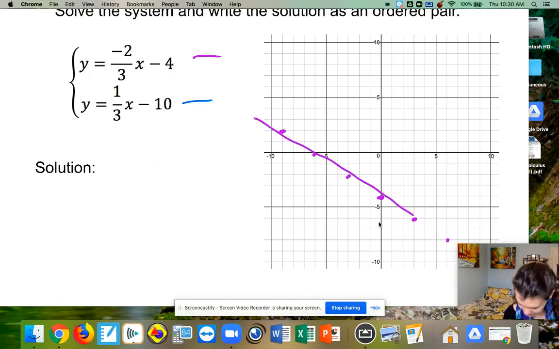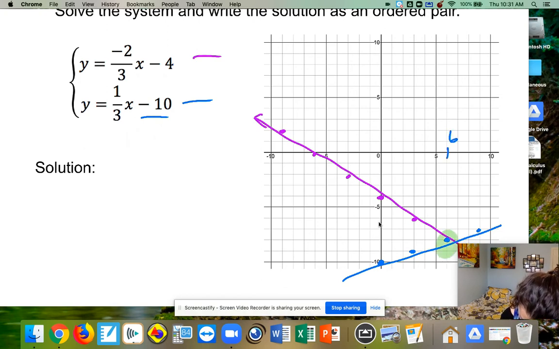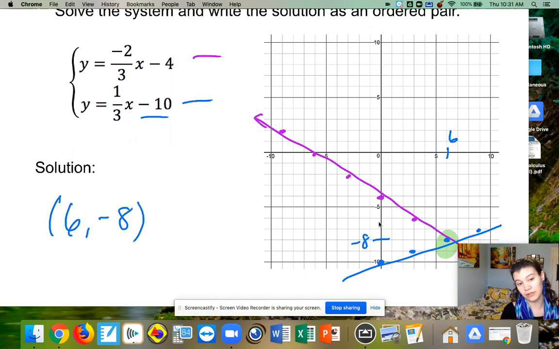Here's your line. Switch to blue, start at -10, so way down here. Up 1 over 3, up 1 over 3, up 1 over 3. Here's our line. Here's the intersection, so that is at 6 here and -8. So (6, -8) would be your solution.